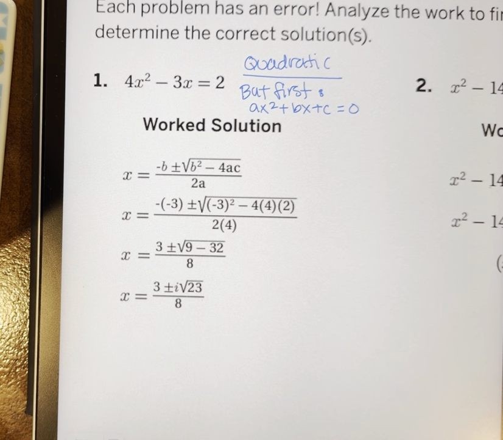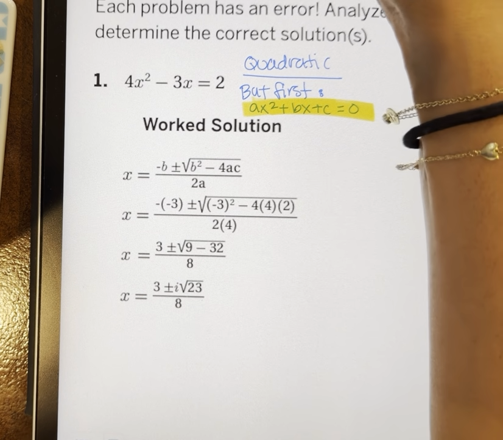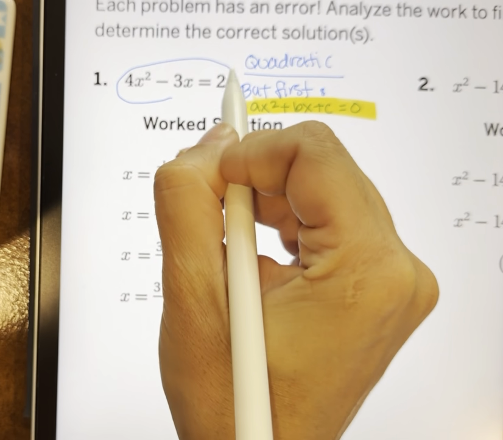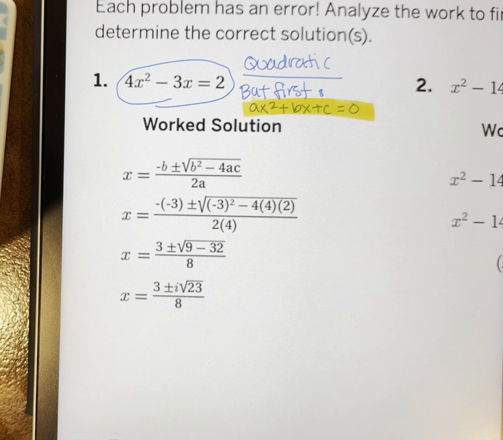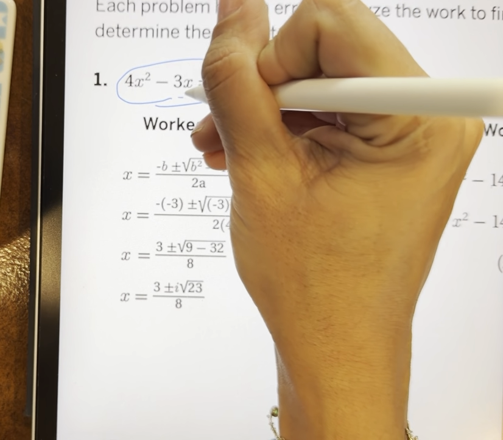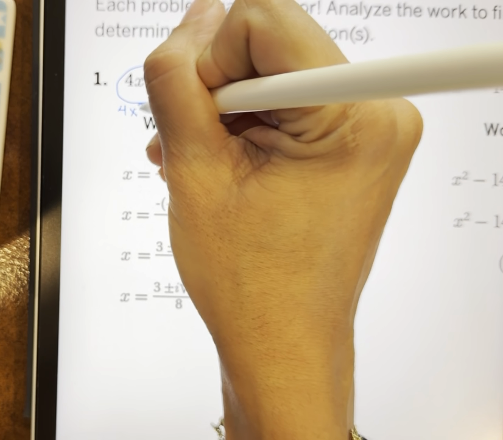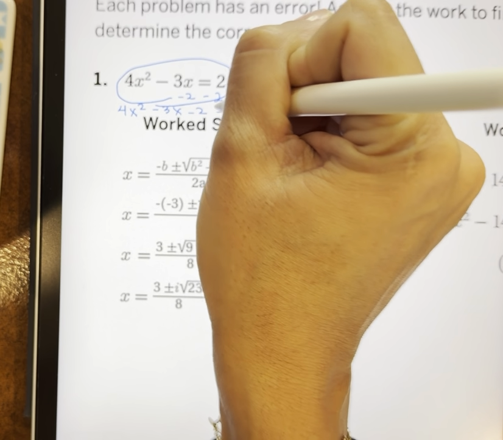The quadratic formula always comes through for us, but it's not going to do anything for us if this isn't what we start with. And this is not what these guys started with. I'm willing to bet they didn't bother going minus 2, 4x squared minus 3x minus 2 equals 0.